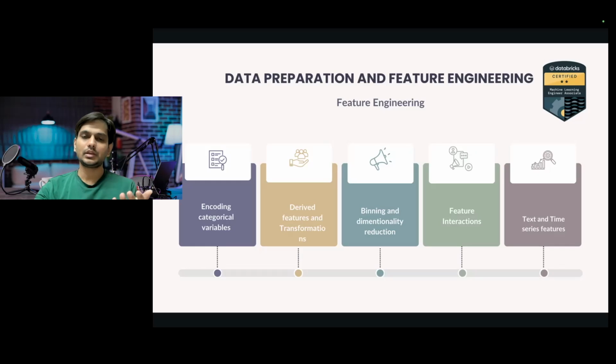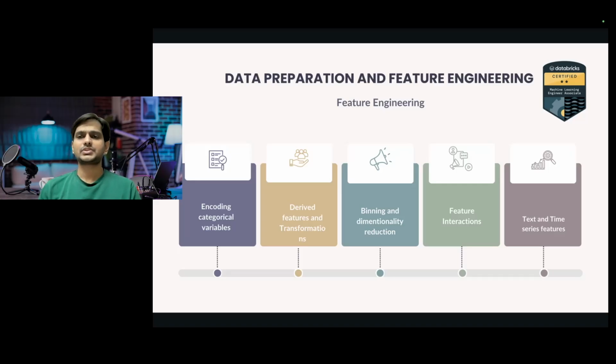You are converting continuous variables into ranges, because continuous variables might not really contribute to the machine learning analysis or models that you're creating. So you bin them and categorize them, so the categories can be used for machine learning use cases.